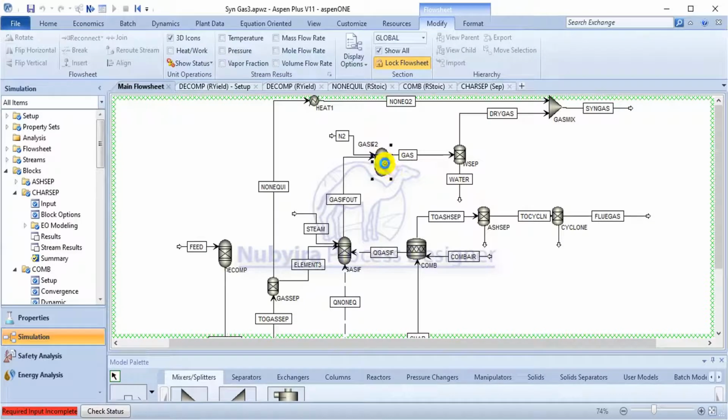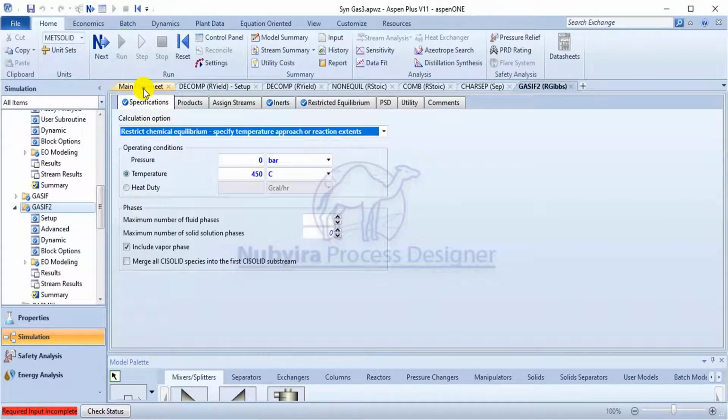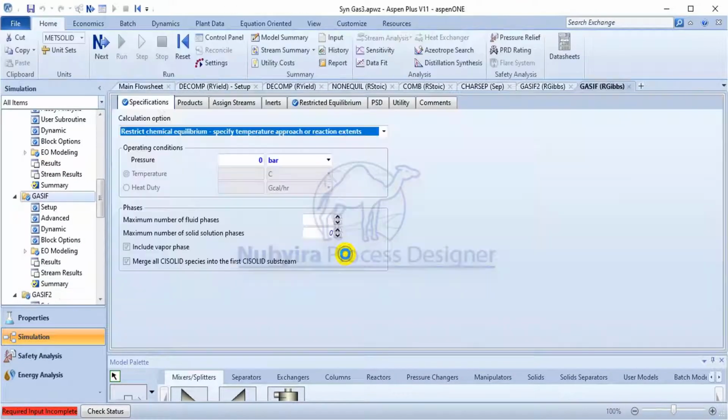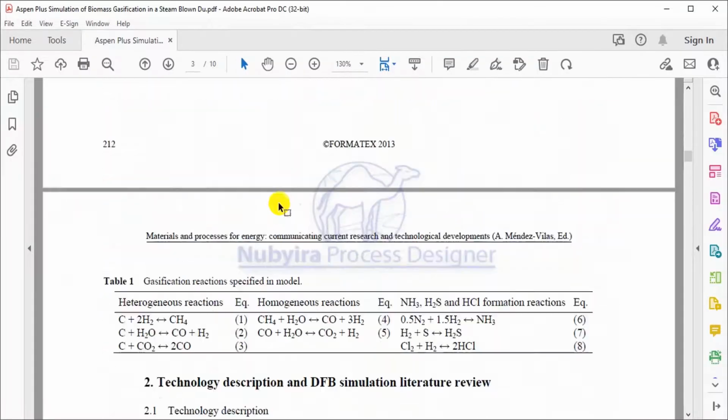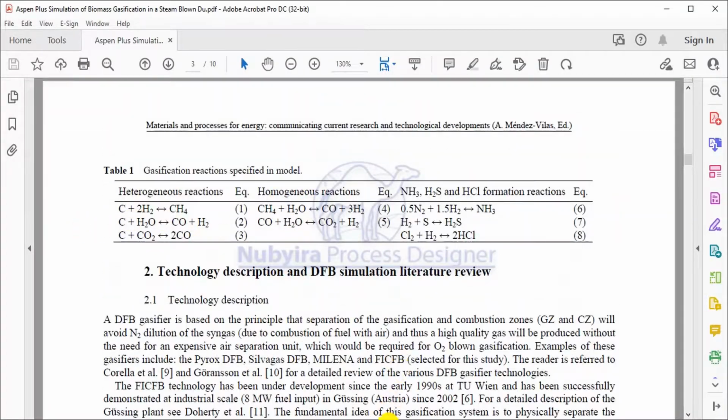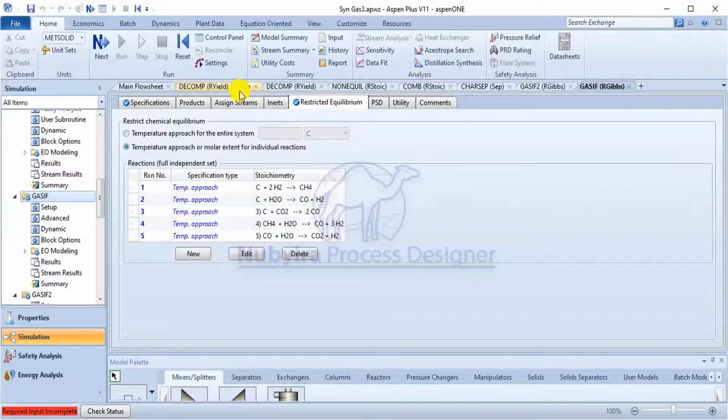If you use Gibbs free energy, that models zero temperature approach, that means all the products are in equilibrium with each other. So I specify all the reactions from this place, or the reactions here.